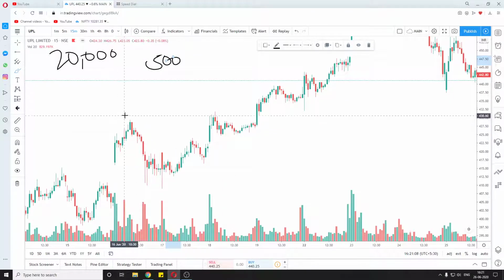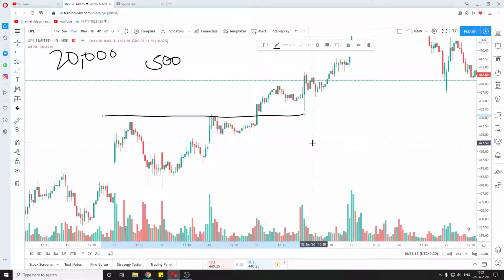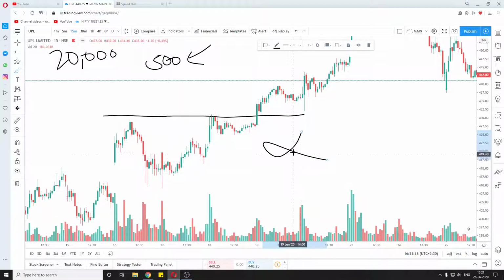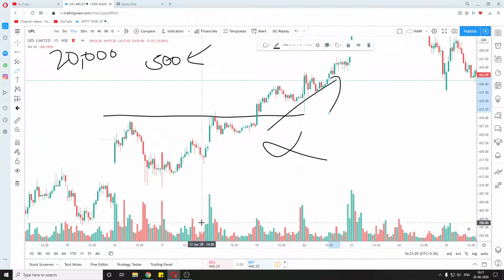And let's just say that he used a lot of leverage, but he is doing a good trade. So as soon as he starts to see 500 rupees loss, he'll exit the trade, and as soon as he exits, the market goes up, because his stop loss is wrong, or he exited the trade before the stop loss is even hit.